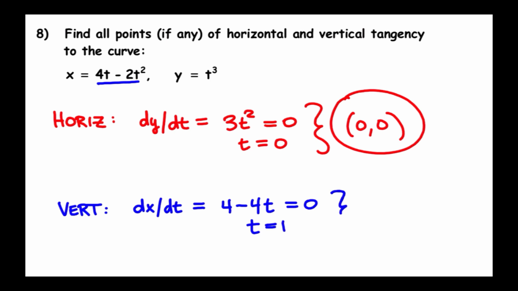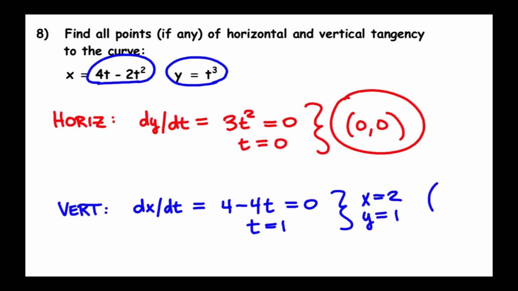And of course, if t is 1 and you plug back into these blue equations, x will be 4 minus 2, so x is going to be 2, and y is going to be 1, because 1 to the third is still 1. And so you have a vertical tangent at the point (2, 1).